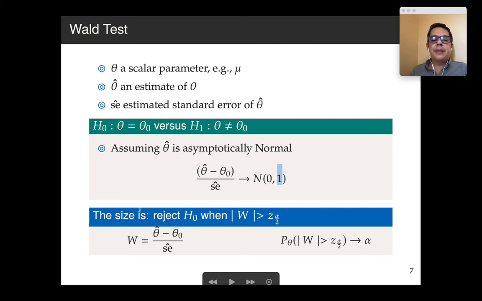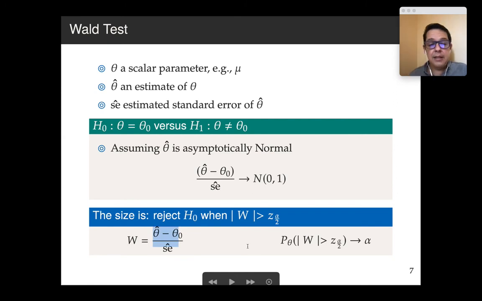And the size of the Wald test tells us that we should reject H0, the null hypothesis, when this statistic W is greater than this value, which comes from a unit normal distribution, a normal distribution with mean 0 and standard deviation 1, where W has this form.